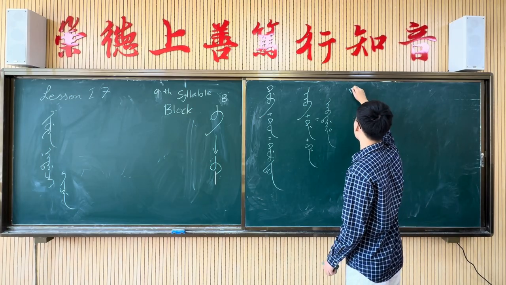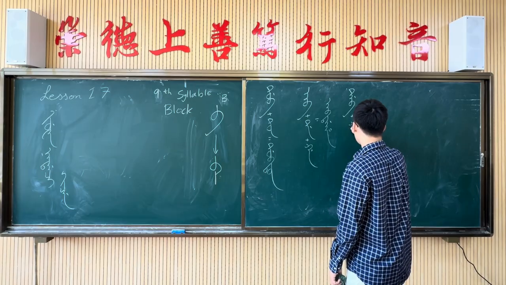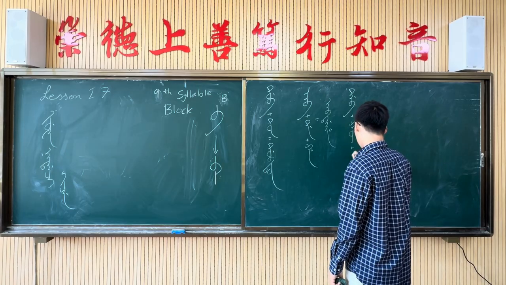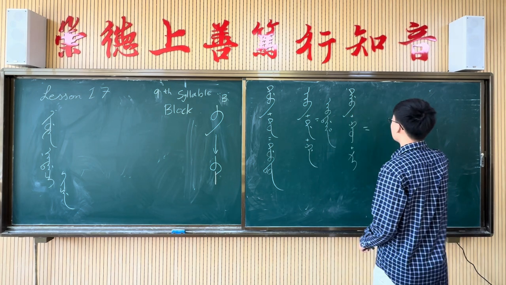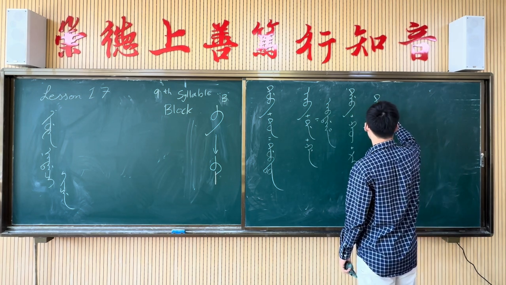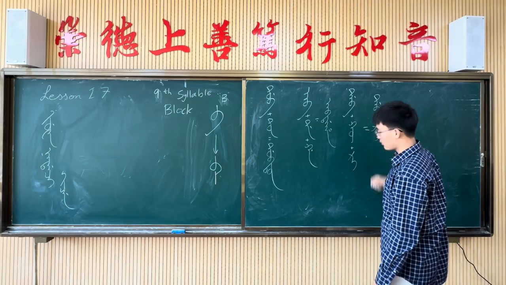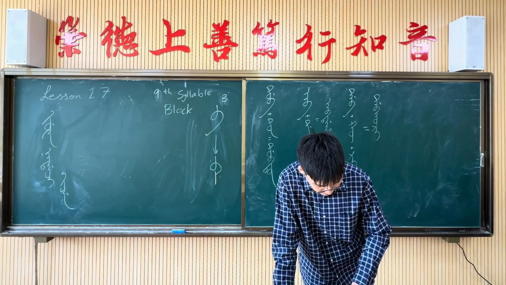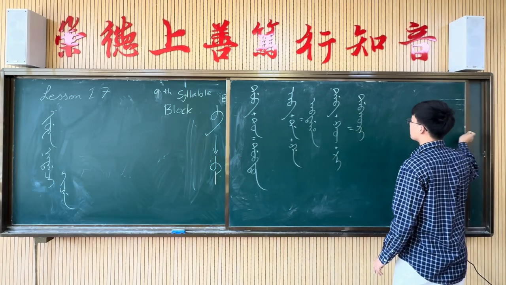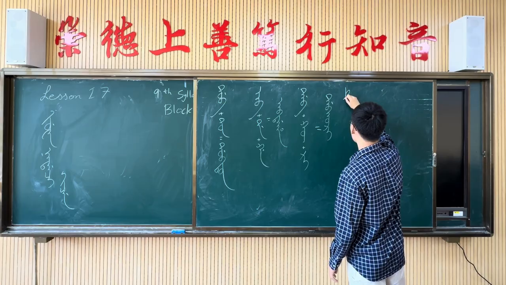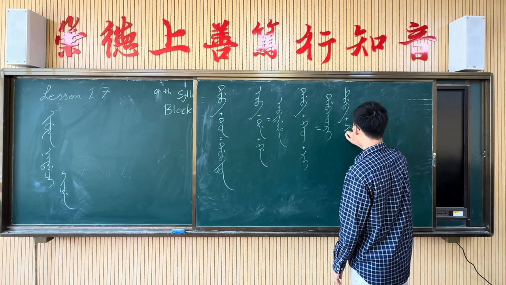Dabkuri means double. Then we have Dubsiku.